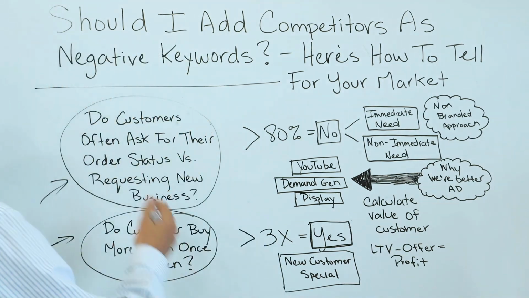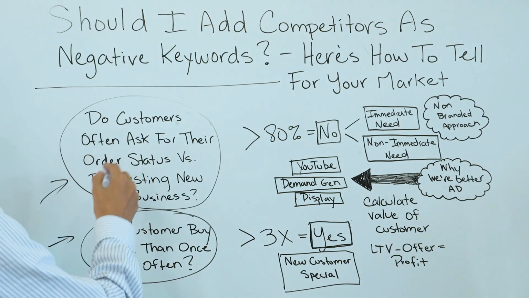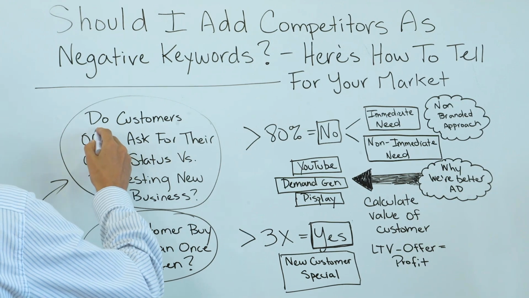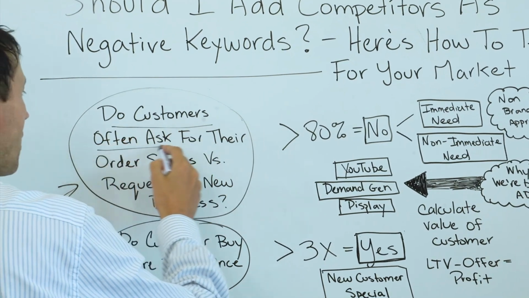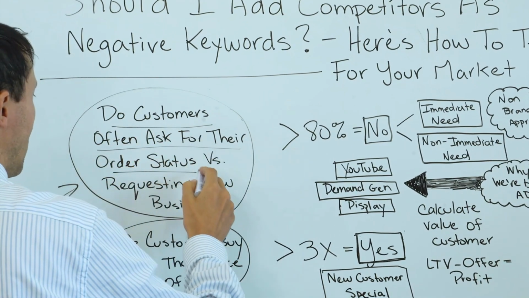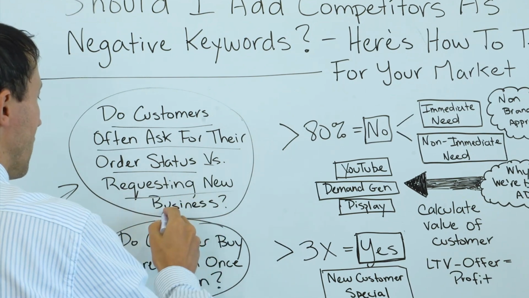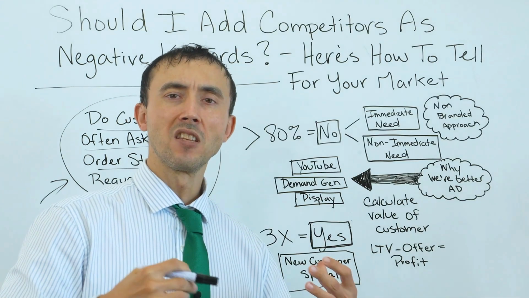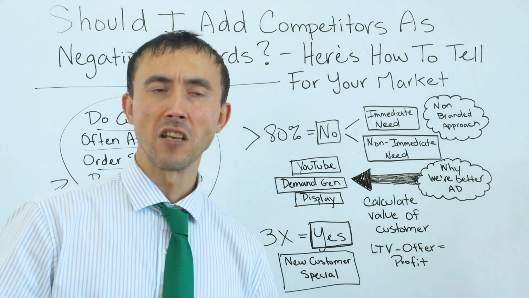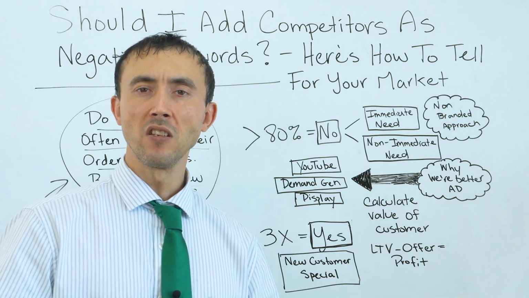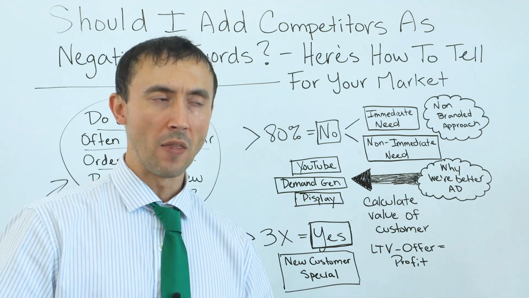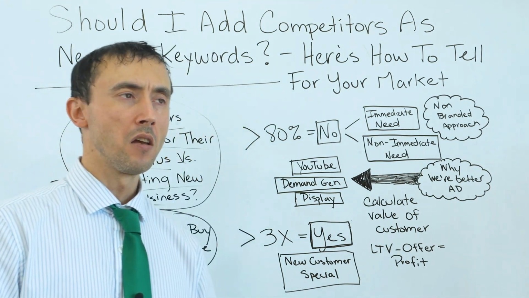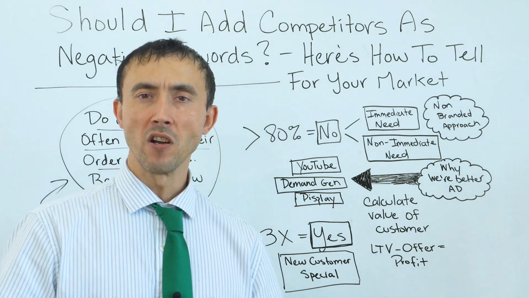So for that matter, what these two questions are, first off is, do customers often ask for their order status versus requesting new business? Okay, so in other words, is the typical call that your competitor is going to get going to be about new business that they want to do business with them with, or is it mostly people asking about an order status?